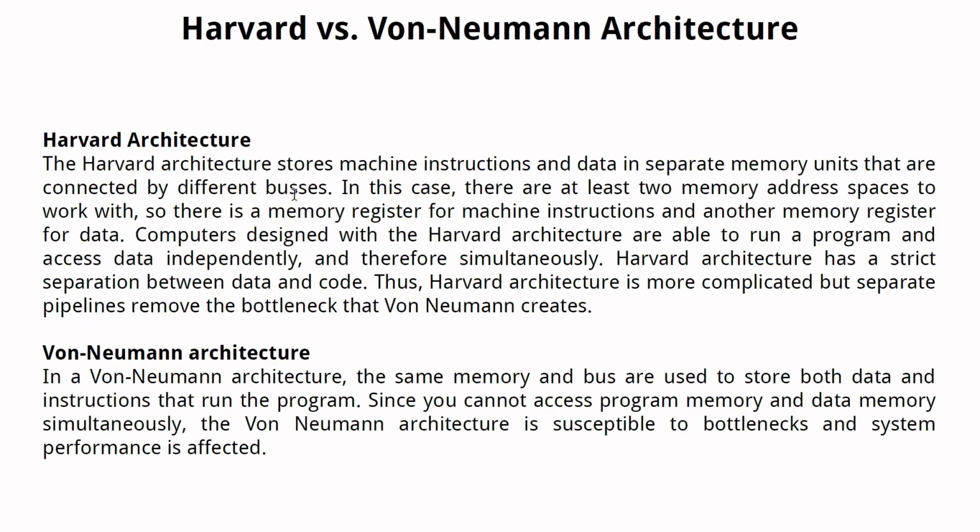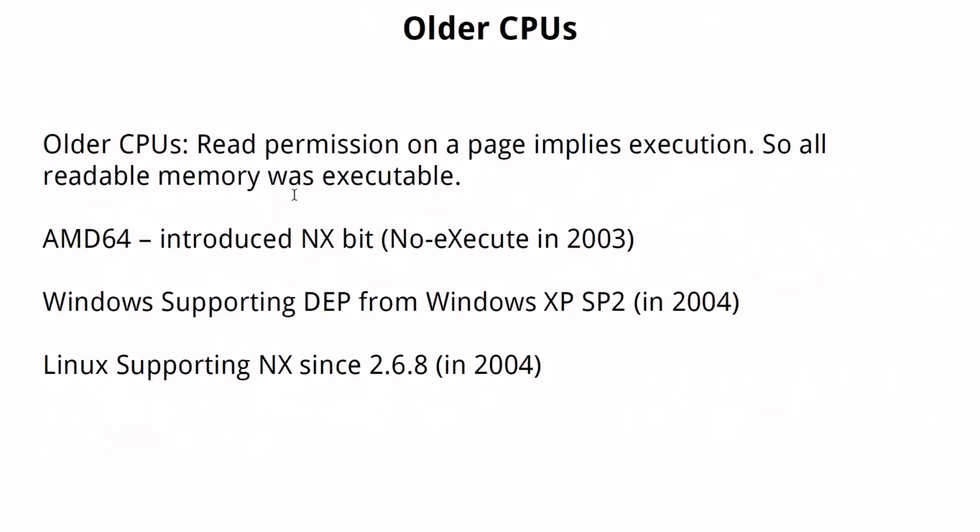I know some low-end IoT or embedded CPUs are in Harvard architecture, but most of our systems right now are in the von Neumann architecture. So what we're discussing here applies to von Neumann architecture.